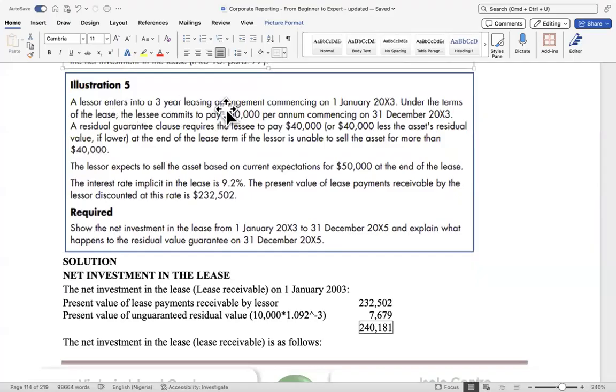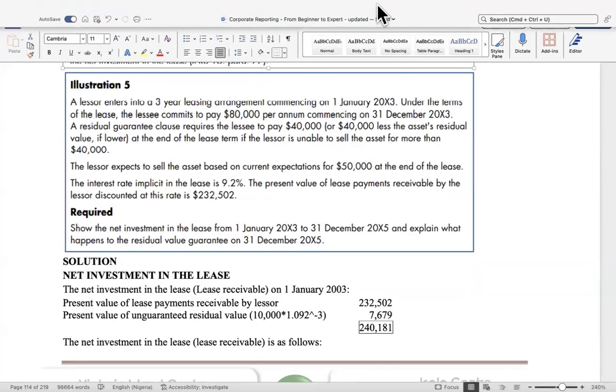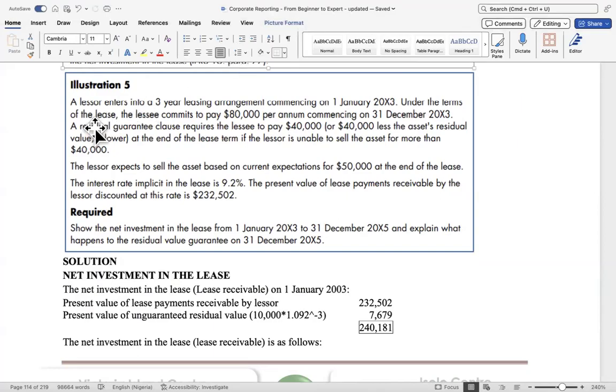A lessor enters into a 3 years leasing arrangement commencing on 1st January 2003. Under the terms of the lease, the lessee commits to pay 80,000 per annum commencing on 31st December 2003. A residual value guarantee clause requires the lessee to pay 40,000, or 40,000 less asset residual value if lower, if the lessor is unable to sell the asset for more than 40,000 at the end of the lease term.